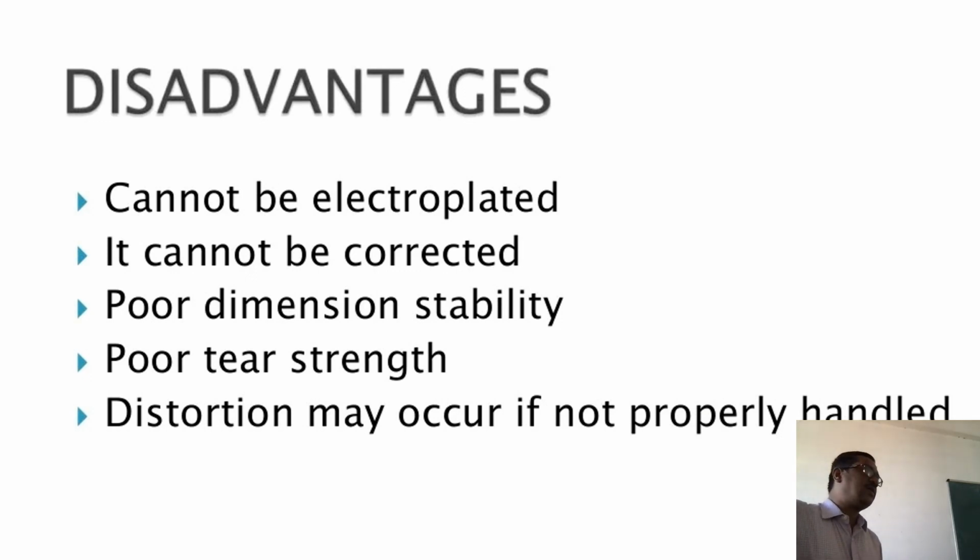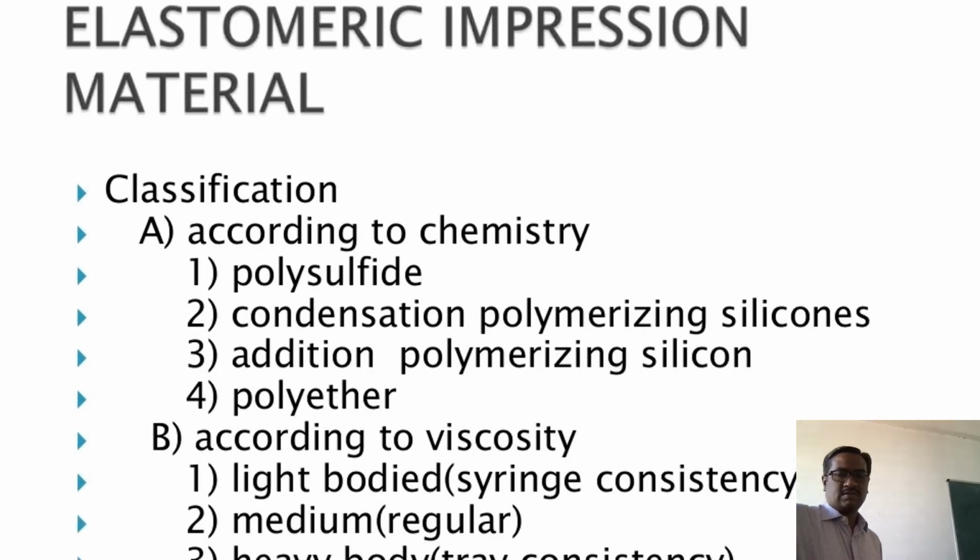Distortion will be there if you have not handled the syneresis and imbibition. Whether you keep it in a moist environment or dry environment, it may change because it is a hydrocolloid. So this completes your alginate.